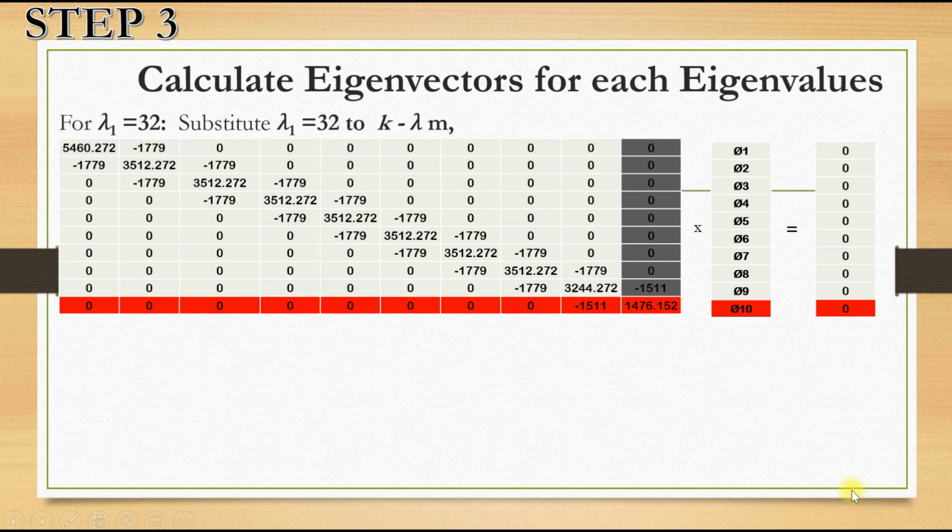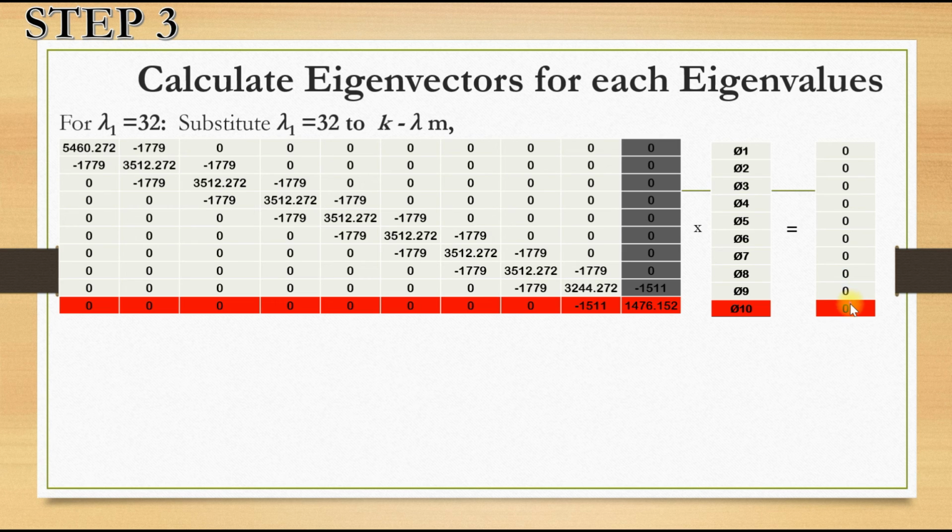So, pag nag-equal to 1 yan, kailangan natin i-delete yung row 10. So, pag i-delete na natin yan, ito na lang yung maiiwan. Pero para maging 9 by 9 matrix pa rin siya, yung column 10, ita-transpose natin siya dito.